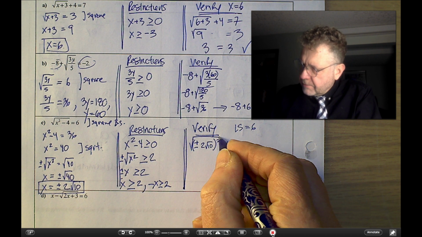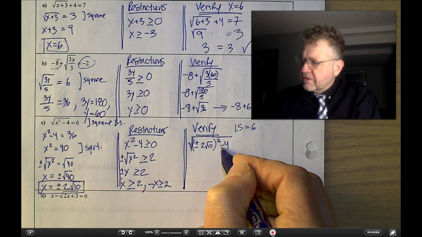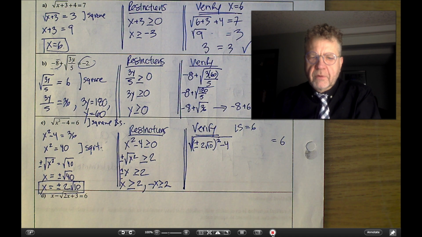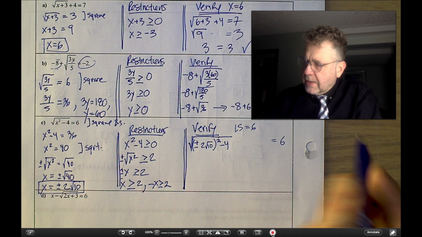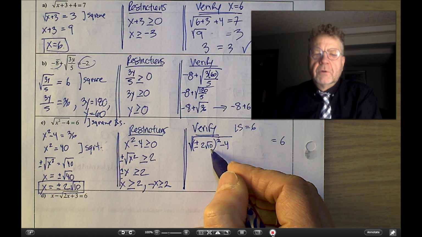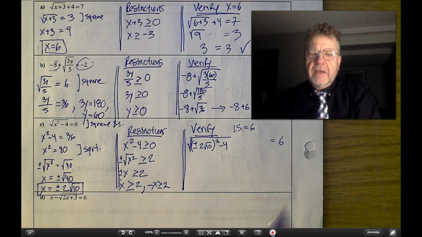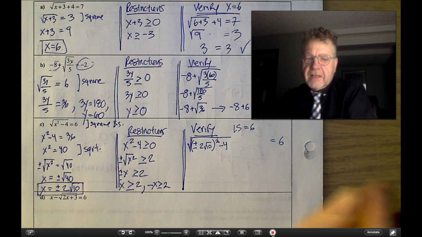Okay, so we're going to see what this equals, and hopefully this is going to equal 6. That's what we're hoping for. All right. Well, it doesn't matter whether 2 root 10 is positive or negative. When you square it, you're going to get rid of the negative value.